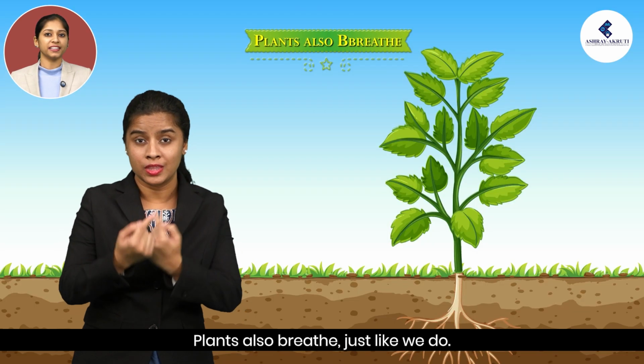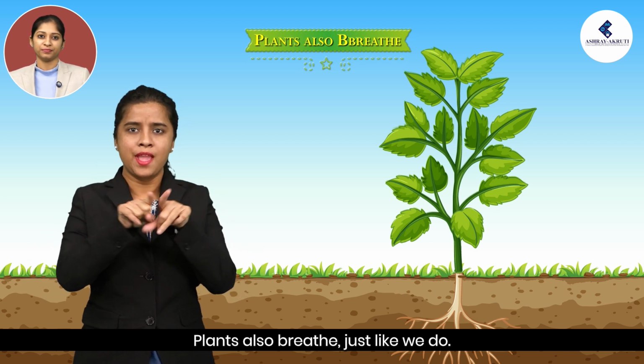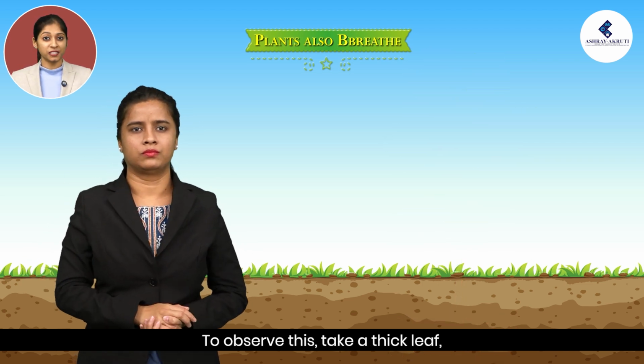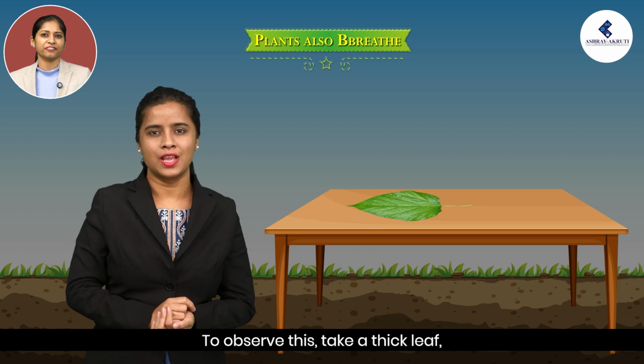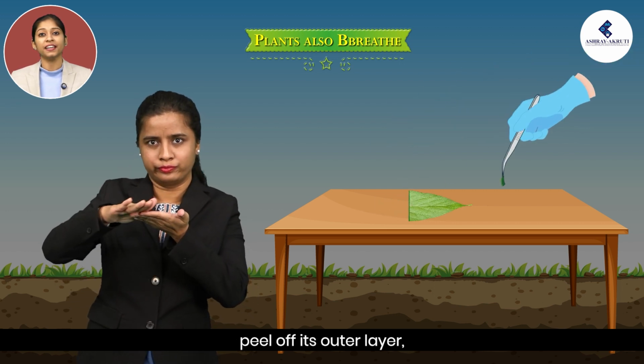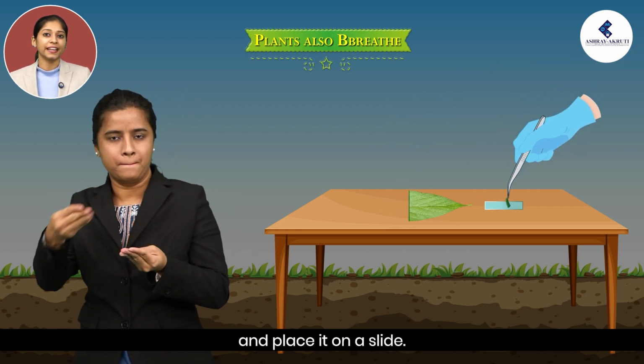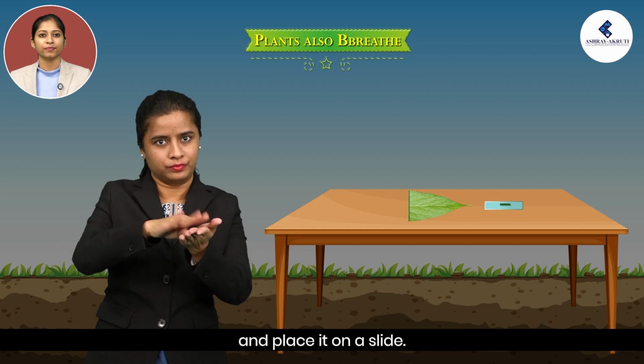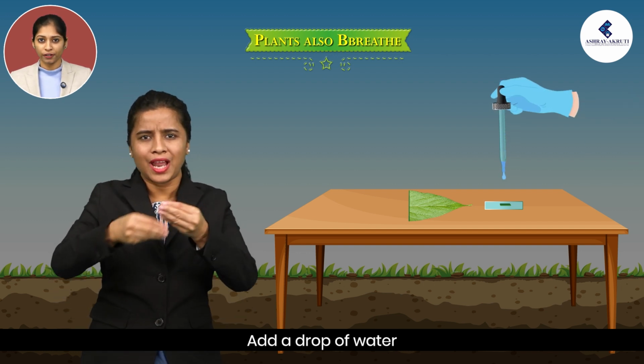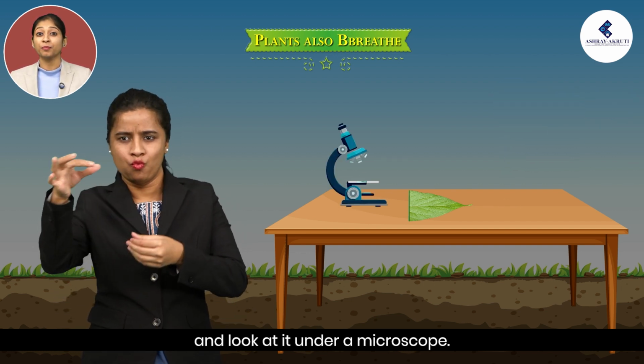Plants also breathe, just like we do. To observe this, take a thick leaf, peel off its outer layer and place it on a slide. Add a drop of water and look at it under a microscope.